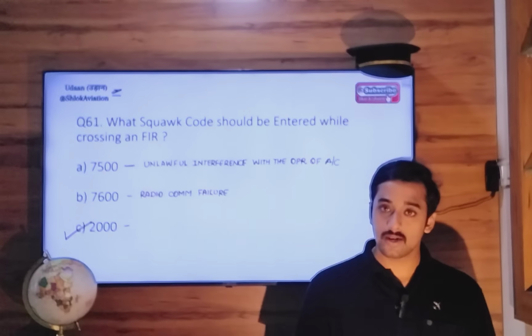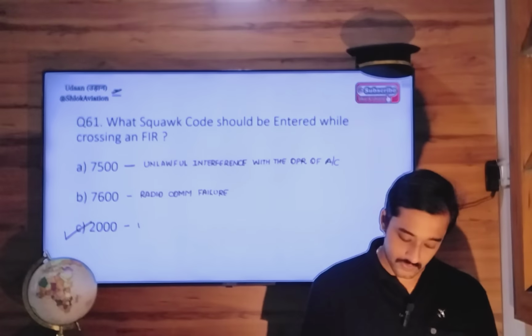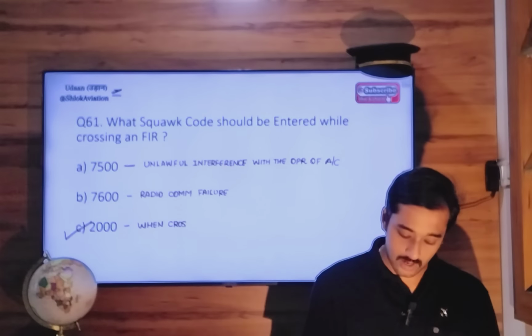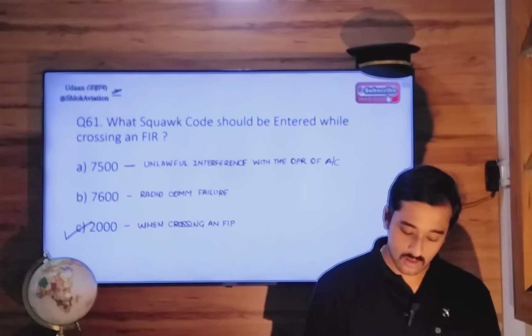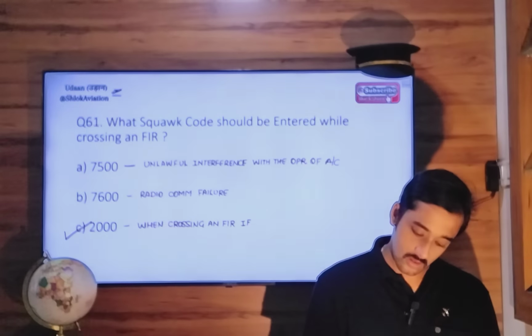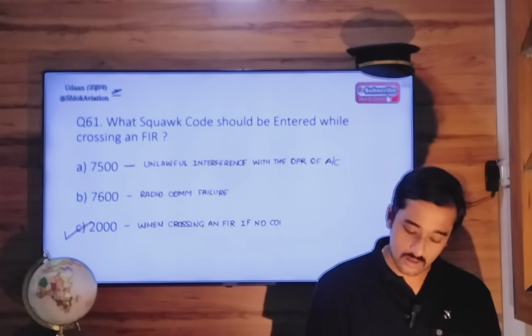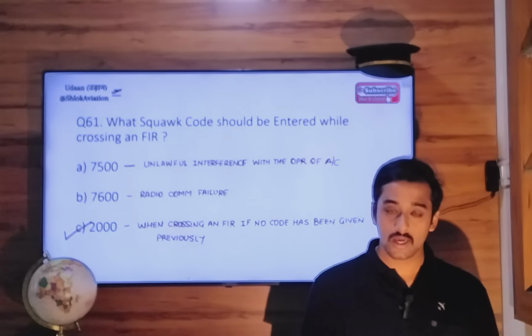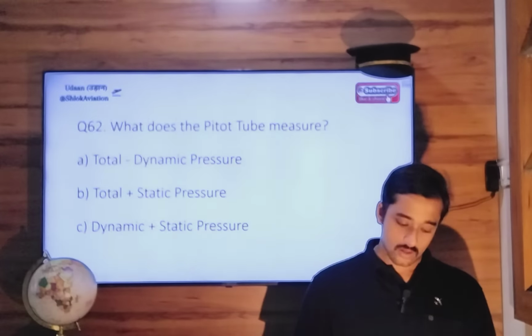This squawk code should be entered when crossing an FIR if no code has been given previously. So option Charlie. Question 62.